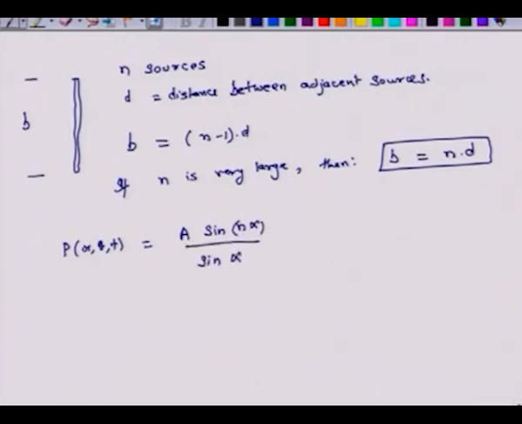This is the relation which we had developed earlier. And now, I am going to write the expression for alpha. So, that is A times sin of n pi d over lambda times sin theta divided by sin pi d over lambda times sin theta.